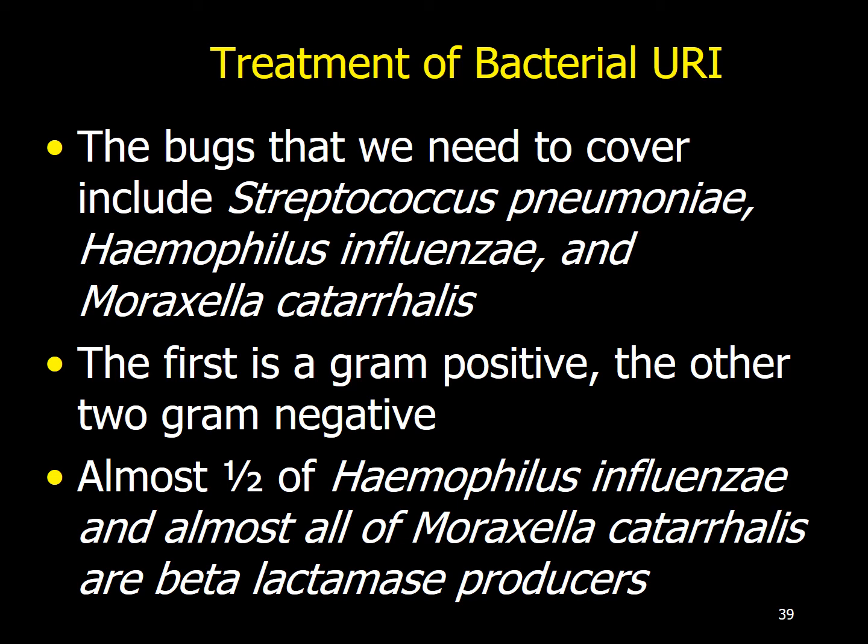On the other hand, if they are bacterial, they really need to be treated with antibiotics because bacterial URIs, number one, tend to be more serious. They tend to cause more morbidity, more illness. And in some cases, they can produce some very serious consequences.